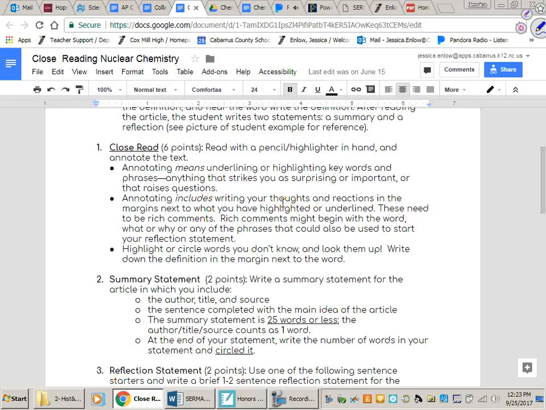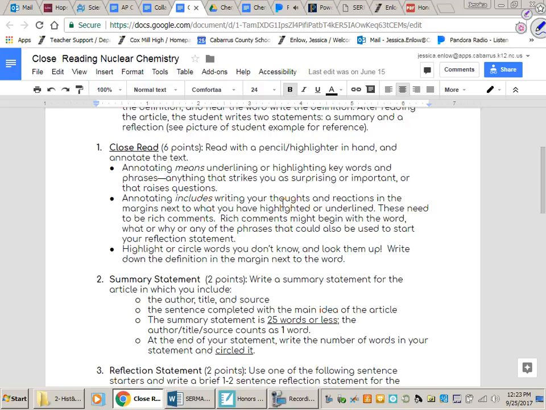When you're close reading, you have to do a couple of things. Just like you would annotate a textbook or reading in English, annotate it. If you want to do sticky notes, that's fine. If you want to highlight, that's fine. If you want to underline, that's fine. But try to do a mixture of those so that you're utilizing all your skills. Underline or highlight keywords or phrases or anything that strikes you as surprising or important, or that raises questions.